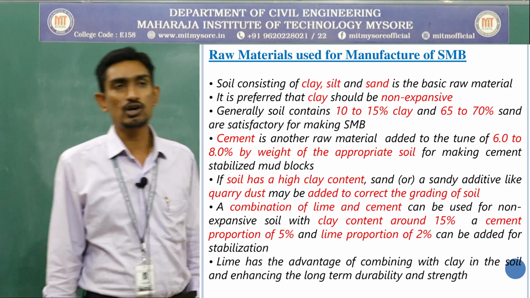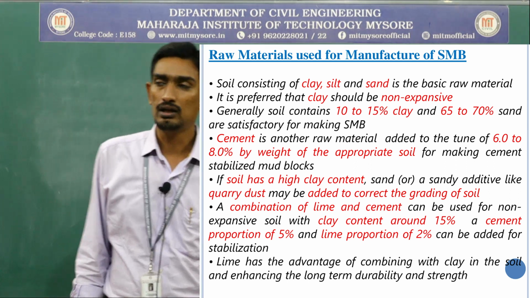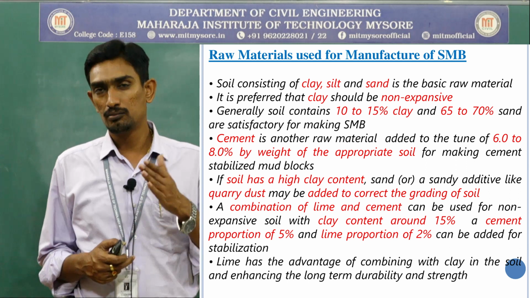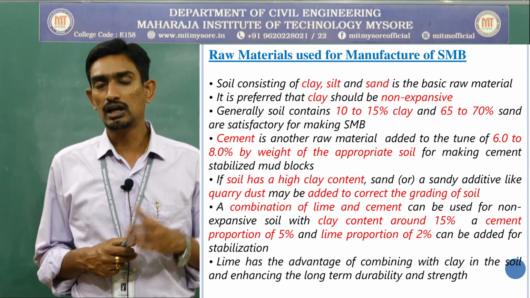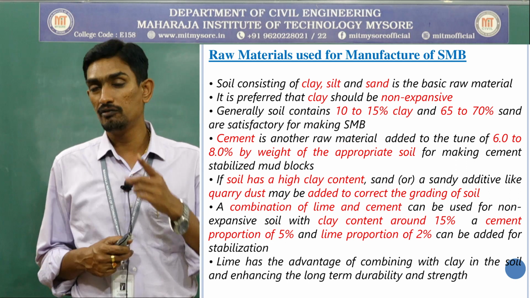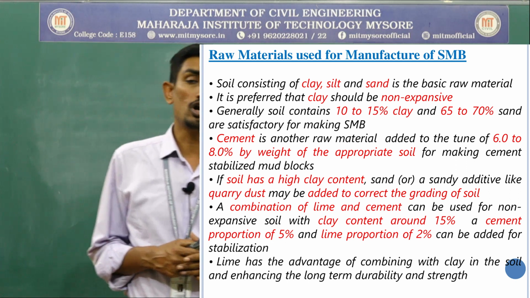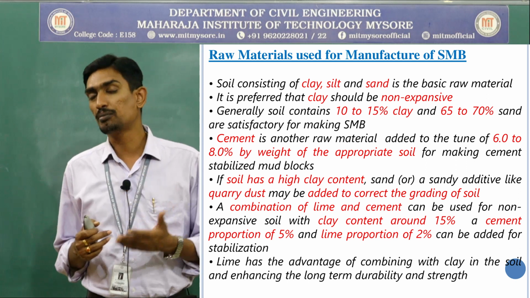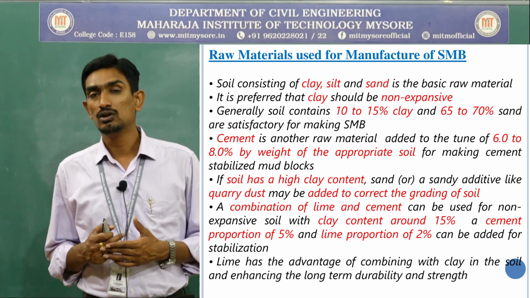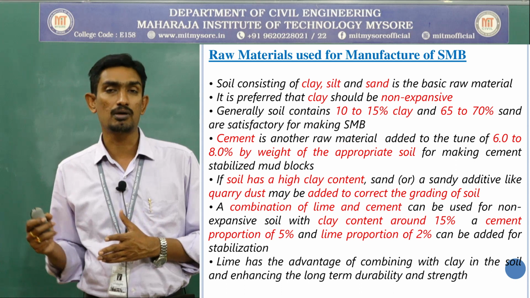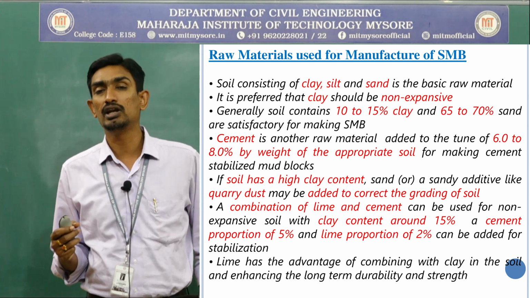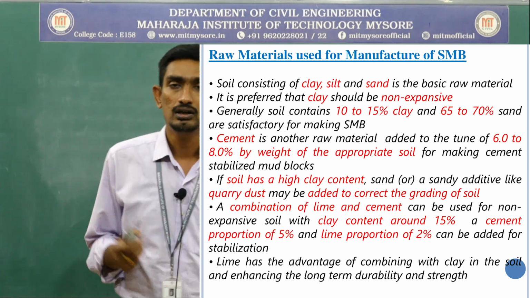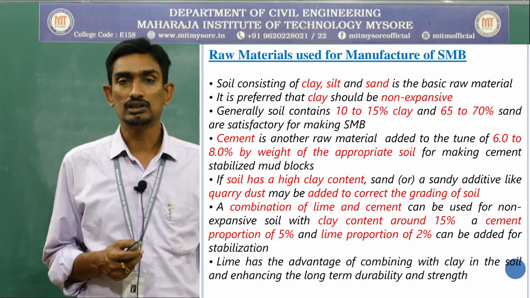Because if you use lime inside the soil, it increases the durability. But we need to keep in mind the lime should not be more than the prescribed limit. If it is more than the prescribed limit, it may start a leaching problem or some other problem. So we need to be very cautious regarding the production of this SMB block.